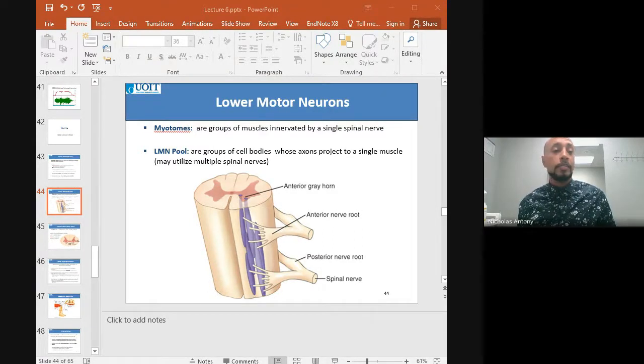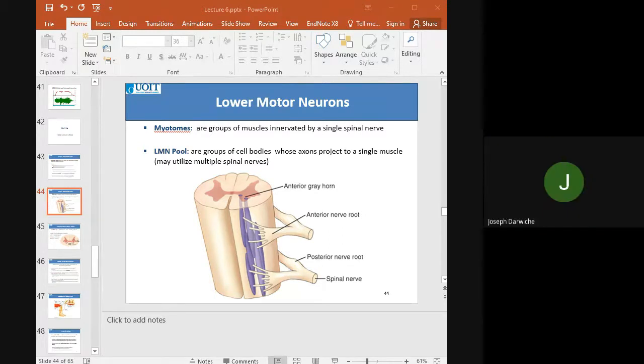Do you want to go on the mic and ask the question? Yeah, so like I remember one of the asyncs, there was something about a proximal axon and a distal axon. So like the distal axon would be connected to the receptor. That's from the sensory motor lecture.